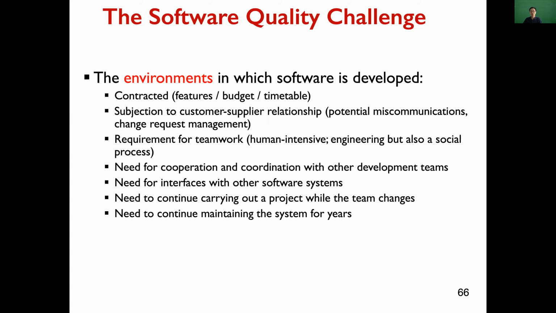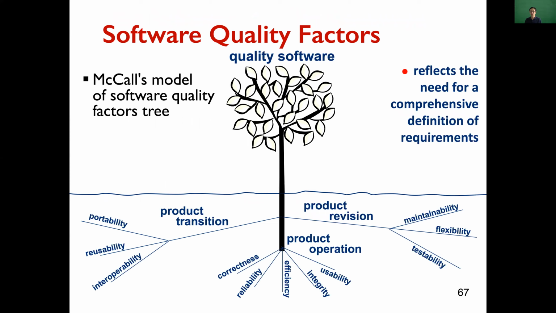So how can we measure, how can we evaluate the software quality? There are some software quality factors or software quality attributes that we can rely on to evaluate the quality of software systems. There's a classical model, which is called the McCall model, proposed by Mike McCall.